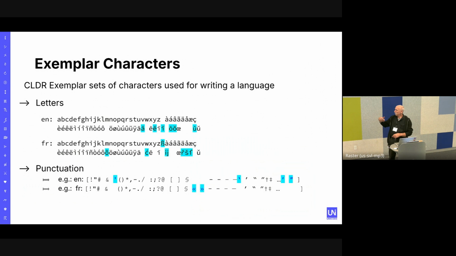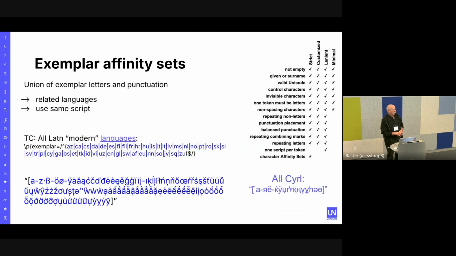But if someone has moved from France to the US or vice versa, or from the UK to France, they should be able to take their name along with them. In the same way, there are punctuation sets per language. To make it work, you need to create these affinity sets to allow name portability from one region to another. Even though the language of that region might change, they should be able to keep the name that they had initially.